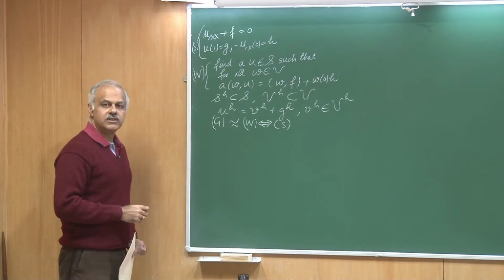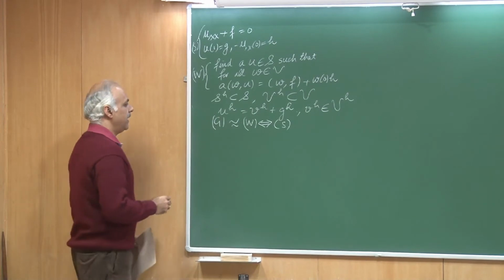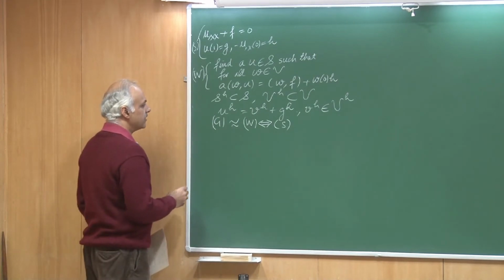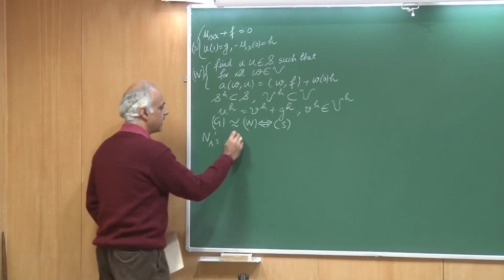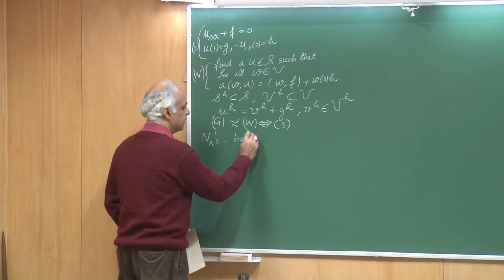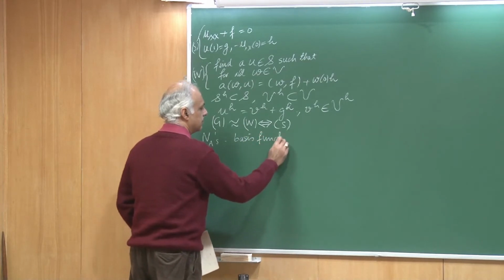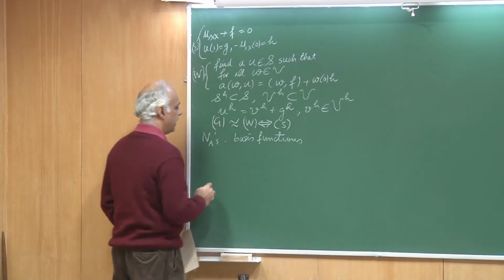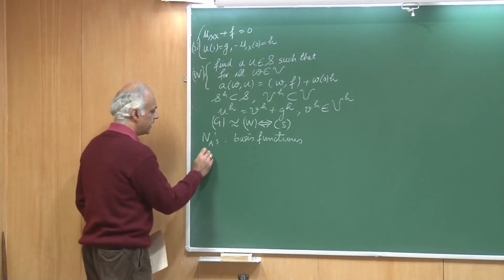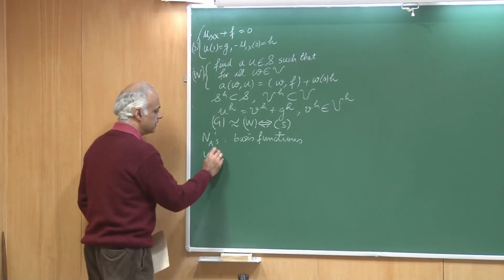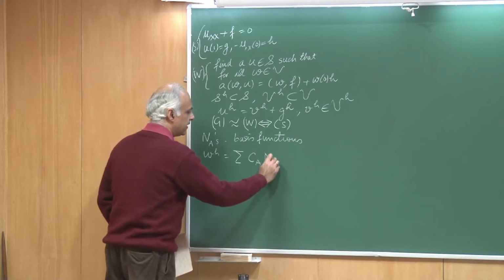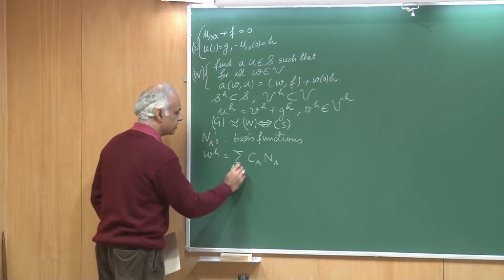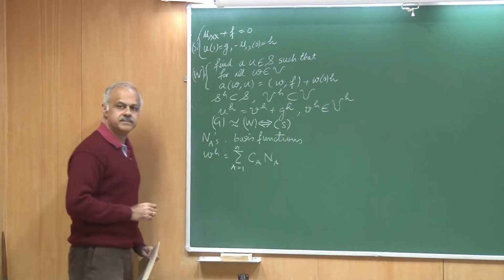Next, we tried to do the matrix form, and for the matrix form we assumed the following. We said let N_A be the basis functions, and we proposed that w^h is given as the summation of c_A N_A, where A goes from 1 to n.